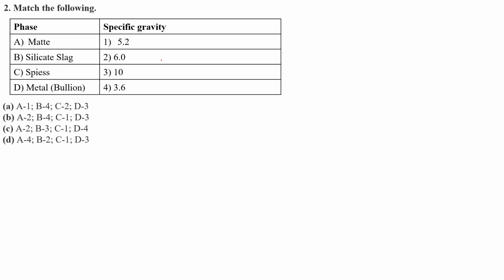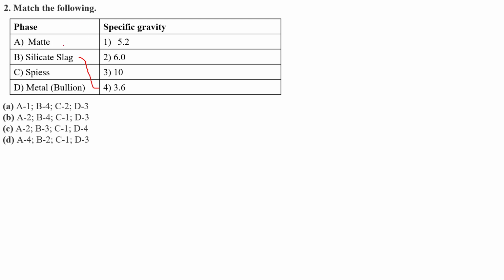So we had talked about different types of phases produced during the smelting operations. For the lead smelting process there were four different phases: matte, silicate slag, speiss, and metal bullion. Silicate slag has the lowest specific gravity and gets reported on the most upper layer.